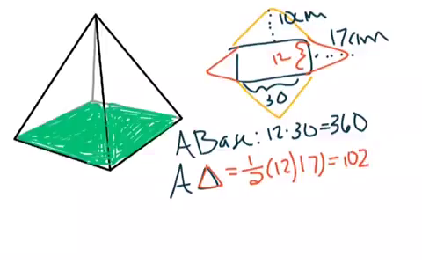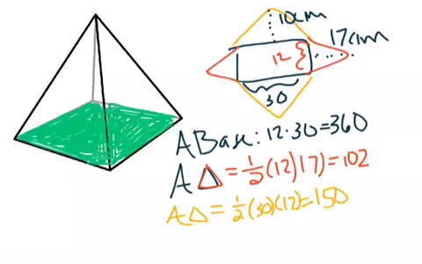Now the area of the yellow triangles is going to be 1/2 times 10 times 12. Nope, I'm so sorry, 30 times 12. It's going to be 150.